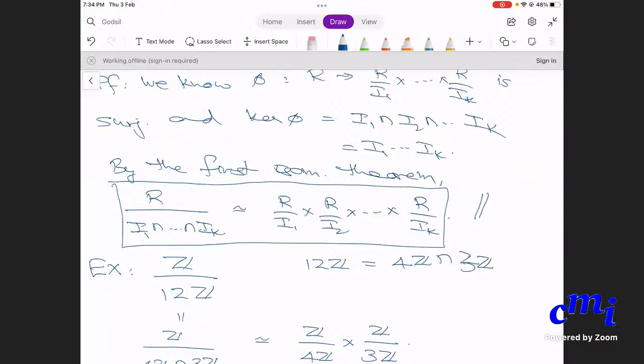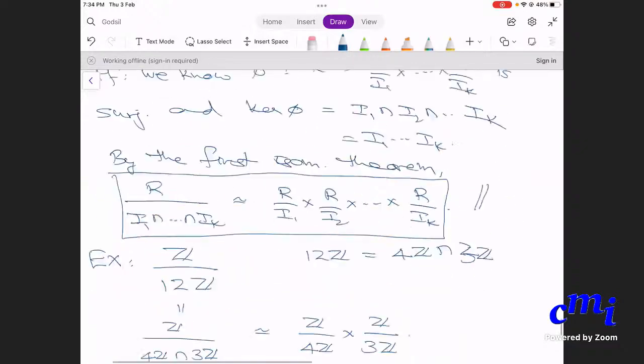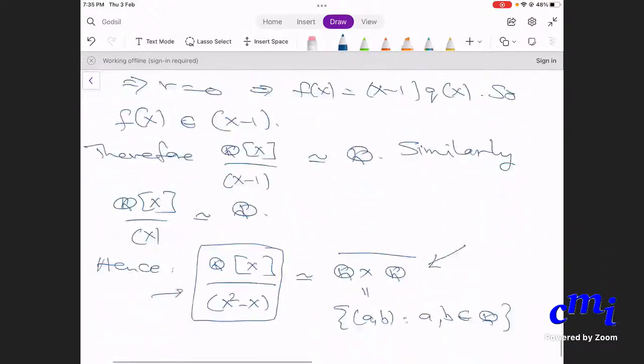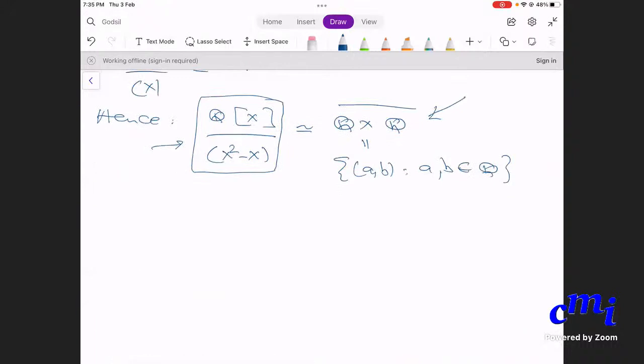That is the Chinese remainder theorem. Okay, fine. So now let's see how the general CRT implies the classical CRT.